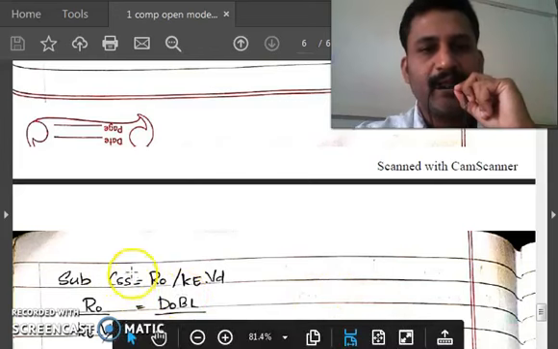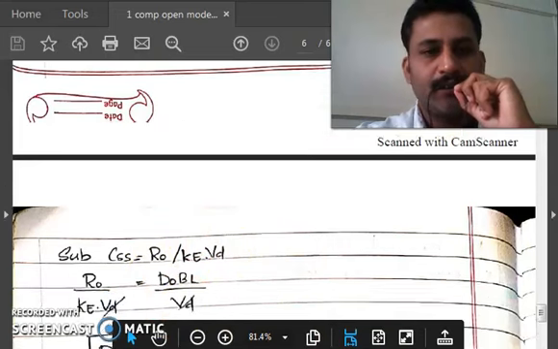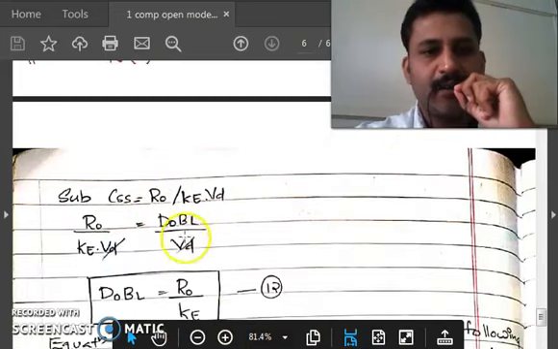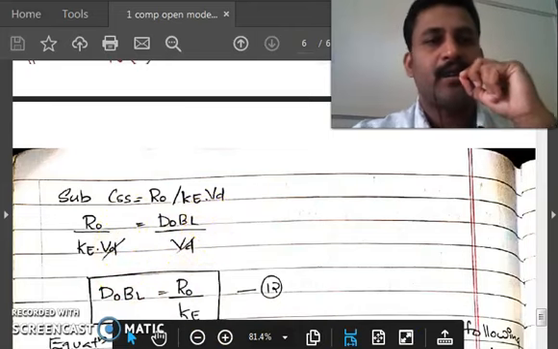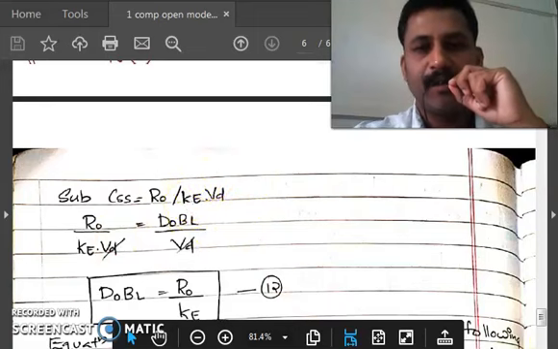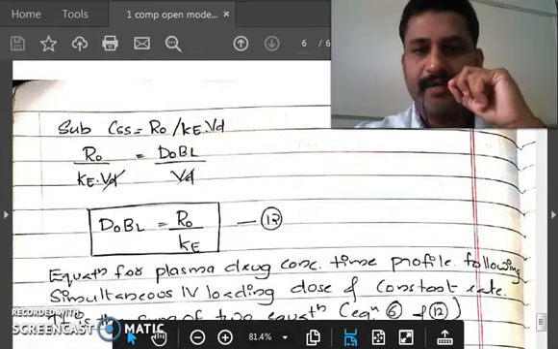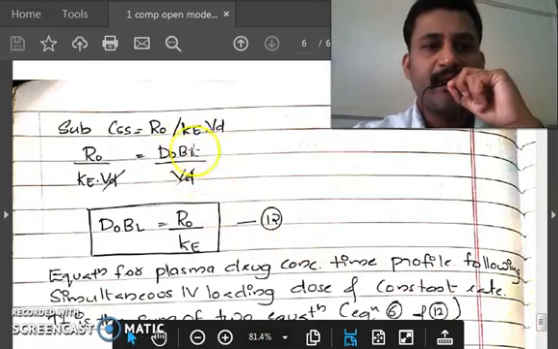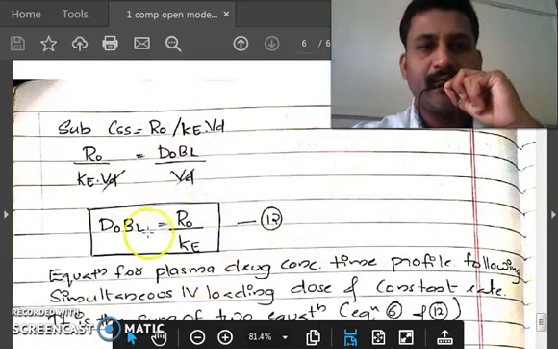In place of CSS, we will write R0 by Ke into VD. So you will get R0 by Ke into VD is equal to D0BL divided by VD. VD and VD get cancelled. That's why we have taken this equation instead of CLT, to cancel that VD. So finally you will get D0BL is equal to R0 by Ke. That's the equation for loading dose.